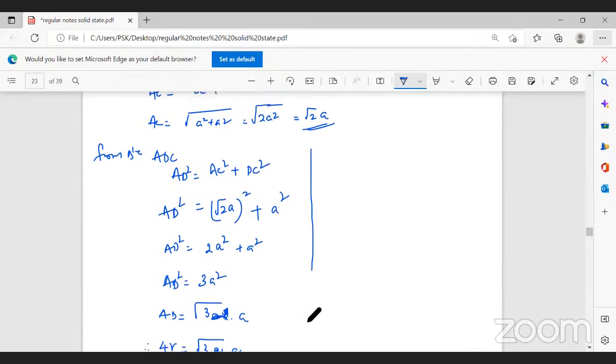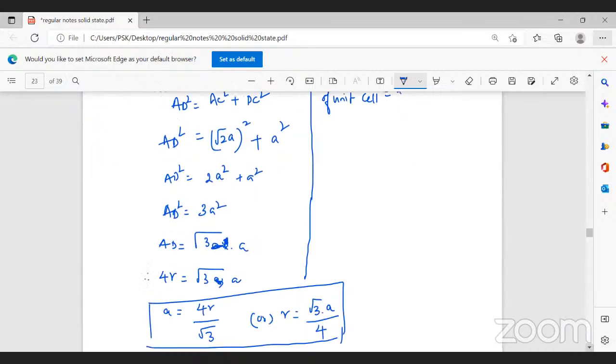So the next part of the derivation, I will do it here only. Once you know that, what is the volume of the unit cell now? The volume of the unit cell is nothing but A cube. A we found out as 4R by root 3.